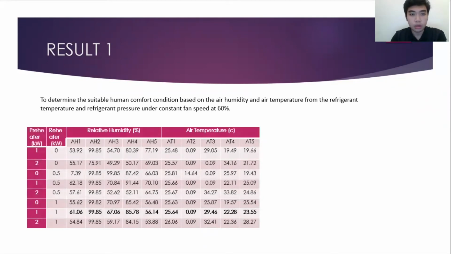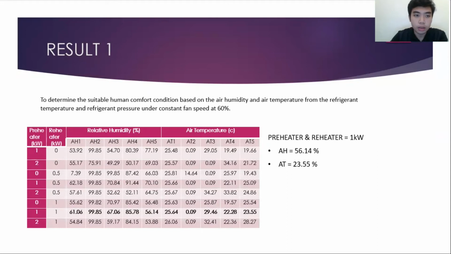So this is our data, which you can see that the relative humidity and air temperature at preheater and reheater of 1 kilowatt is the best choice, because as we know, the range for best human comfort condition for air temperature is from 22 until 27 degrees C, and for relative humidity is from 40 to 60%.